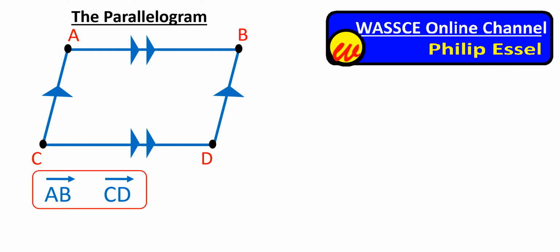So let's bring an equal sign between the two vectors to show that they are equal. So the first thing you need to note about this parallelogram ABCD is that the vector AB is equal to the vector CD because they are opposite to each other.